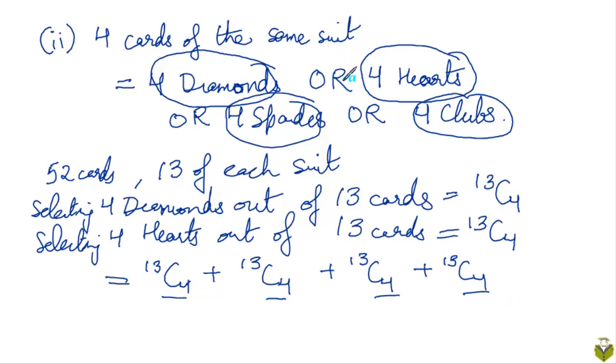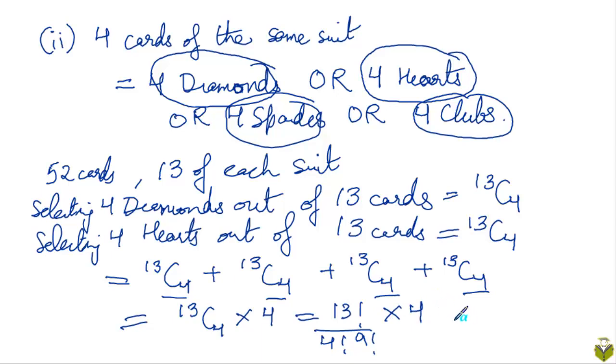Whenever we have 'and', like if we wanted 4 diamonds and 4 hearts, you multiply. Whenever you have 'or', you add. This is what I had covered before. So it's basically 13C4 into 4, and this is 13 factorial divided by 4 factorial divided by 9 factorial, into 4. And if you solve it, the answer is 2860.